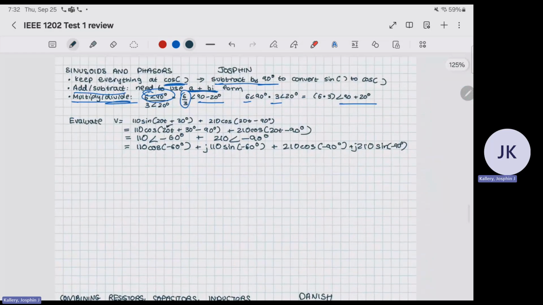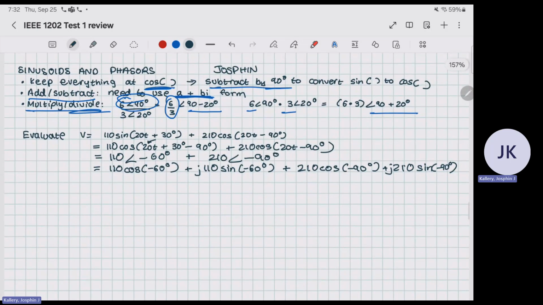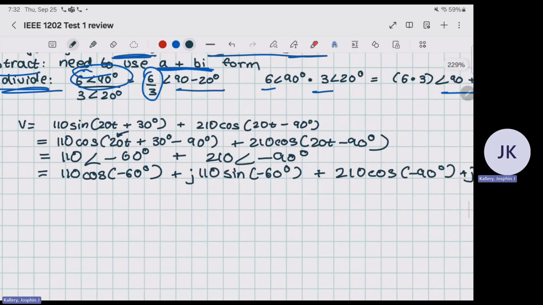A quick thing to keep in mind when you are writing in a plus bi, your real part is the magnitude times cosine of the angle. And for the imaginary part, that'll be the magnitude times sine of the angle.